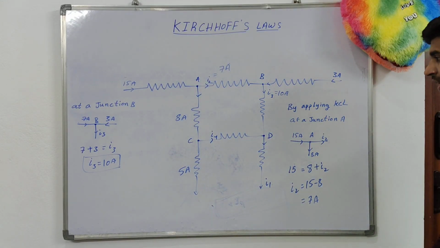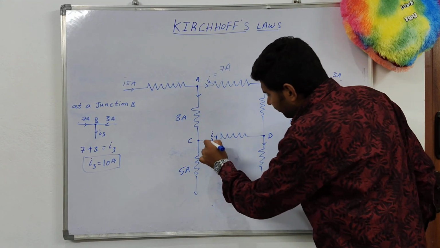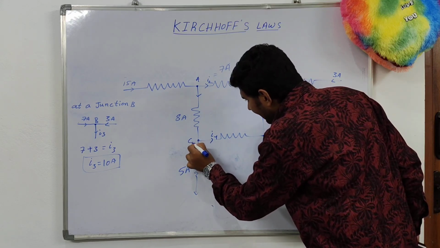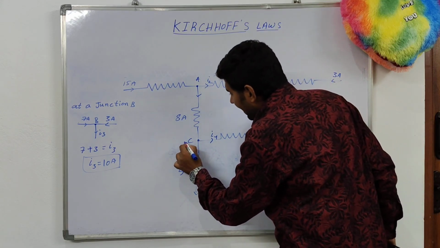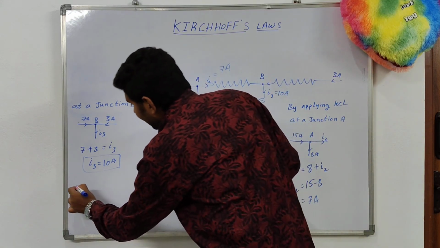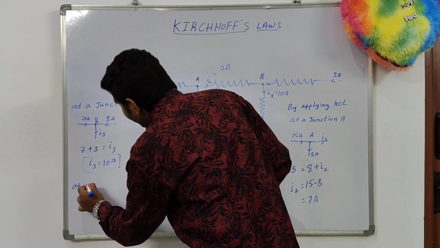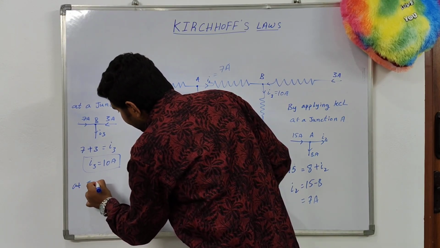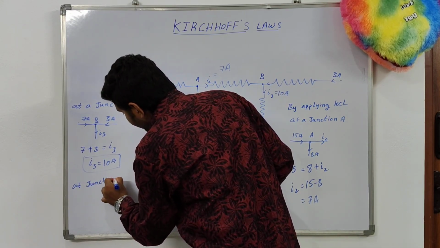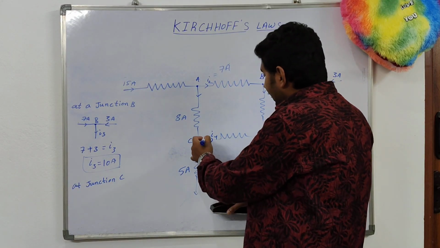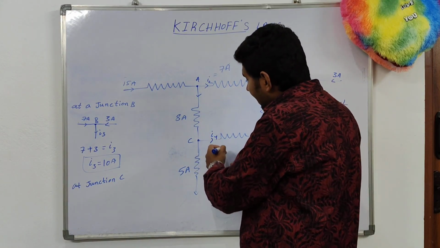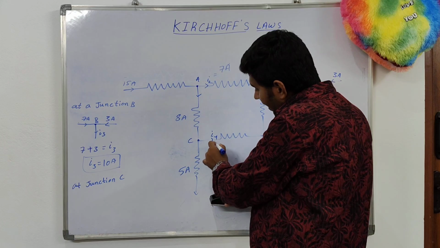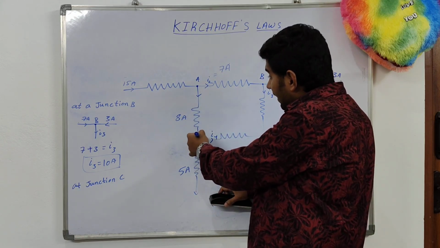In the same way, how to find out the I4 value? By applying KCL at junction point C. What are the outgoing currents? Outgoing currents are I4 and 5. What is the incoming current? 8.